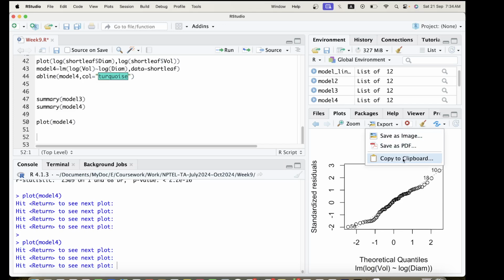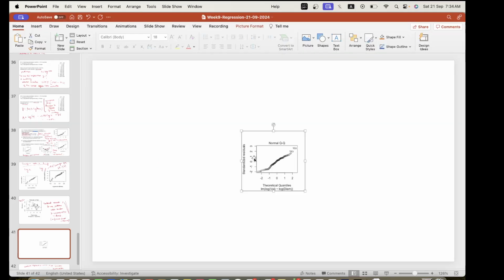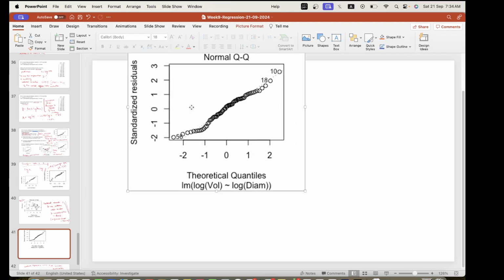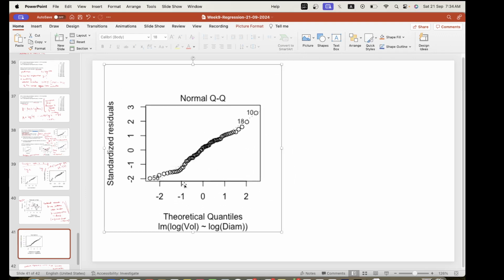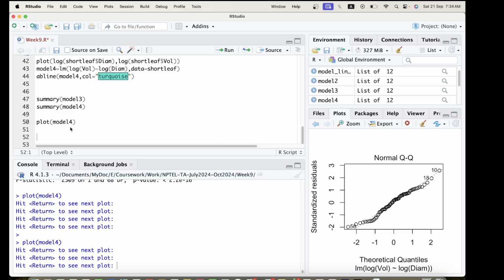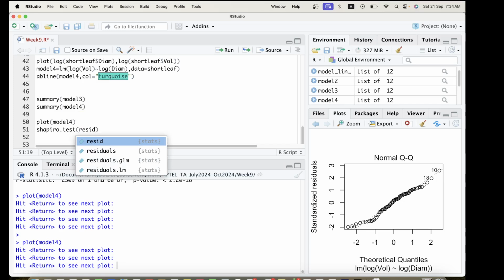From the QQ plot we see that the situation has improved. It looks normal. Now how do I ascertain whether it is normal or not? I'm going to do a Shapiro test, shapiro.test, on the residuals of model 4.